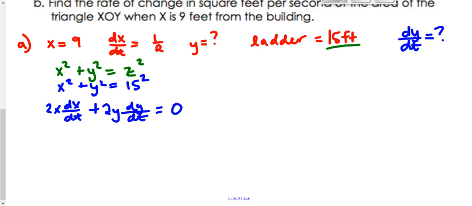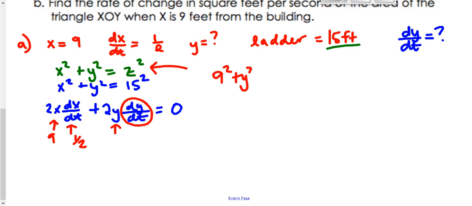Okay, so we have x, we have dx/dt. This was 9, this is 1/2. We don't have y, and we're trying to find dy/dt, so that's going to remain. We don't have y, but we do have a way to find it. If we go back to our original formula, we can plug in x, so we have 9 squared plus y squared equals 15 squared.